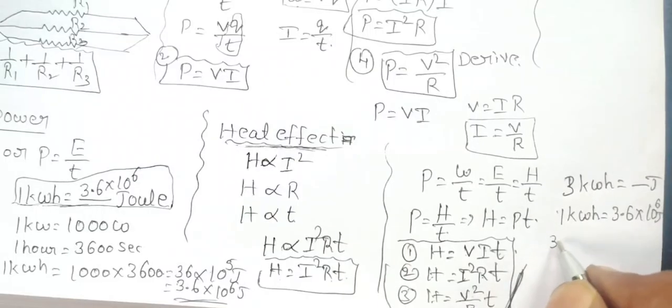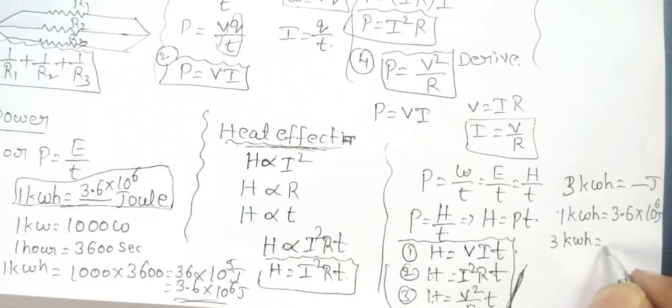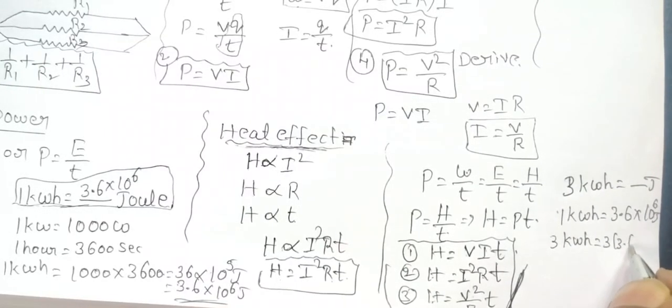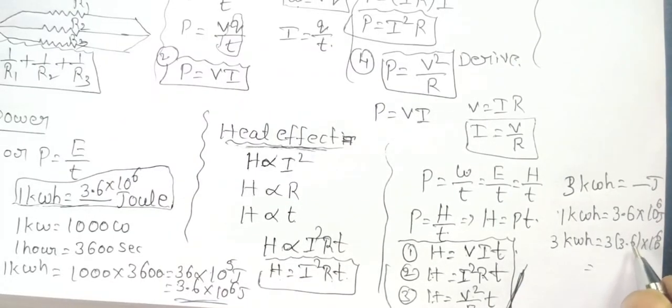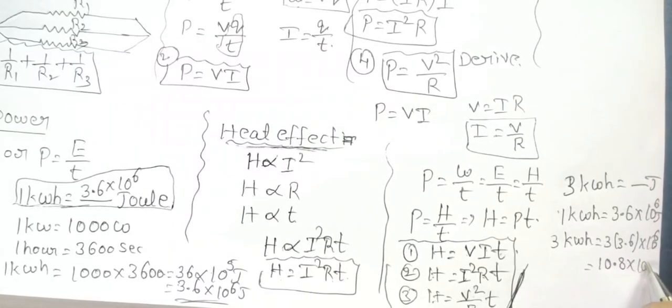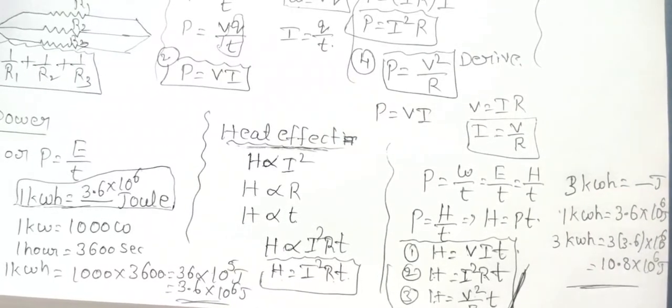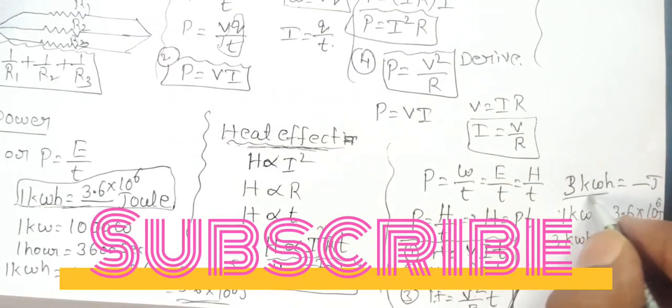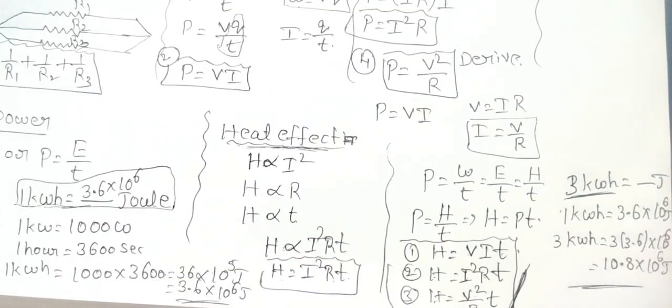So we can write 3 kilowatt hours is 3 into 3.6 into 10 to the power of 6. Then we multiply and get 10.8 into 10 to the power of 6 joules. Like that, however many kilowatt hours they use, we can do it.